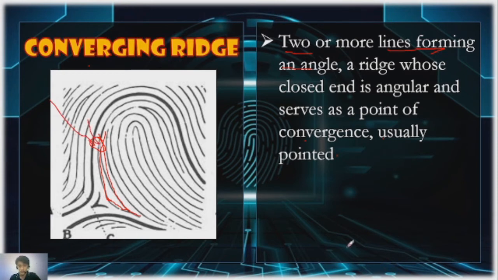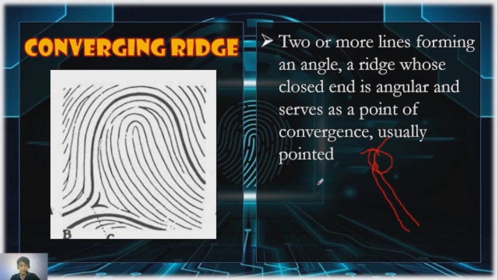Another one is two ridges going up, and another one here, and then they meet. Let us try to draw again. Here, and then another single ridge, and then they meet at a certain point, and we call that a converging ridge.